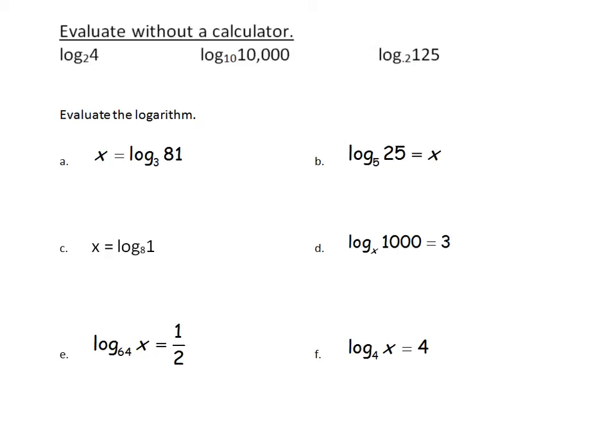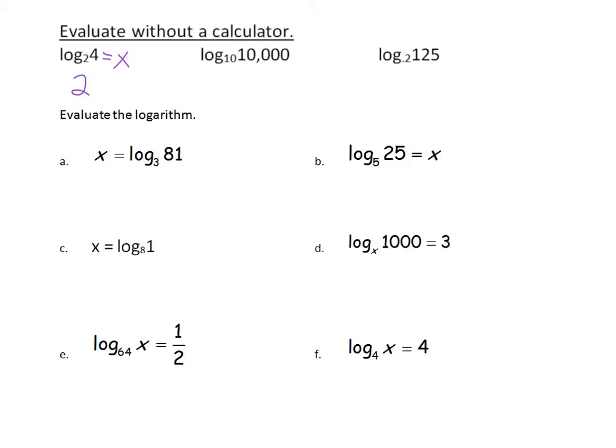Okay, so on this screen we have some examples of actually evaluating our logs, and we're going to run through a few examples together, and then I'll have you try a couple on your own. So first one, evaluate without a calculator. Log base 2 of 4. If it helps at all, you can write equals and then a variable of your choosing, for example x, if that makes you more comfortable, which it probably will, because what we're going to do is rewrite this with our base.